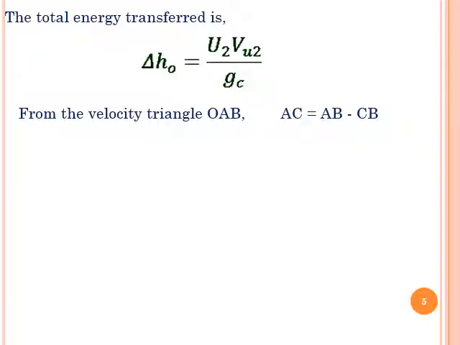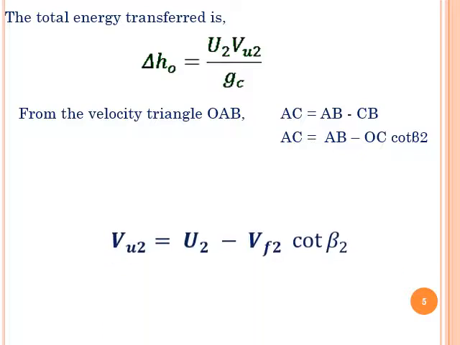From the velocity triangle OAB, AC is equal to AB minus CB. The length CB is taken as OC cot beta 2.